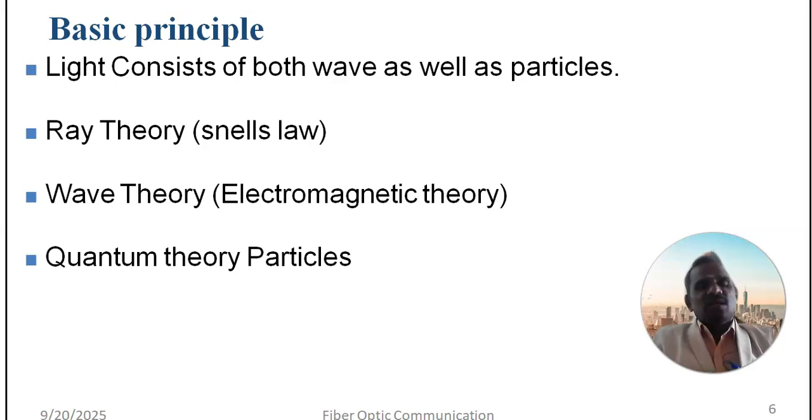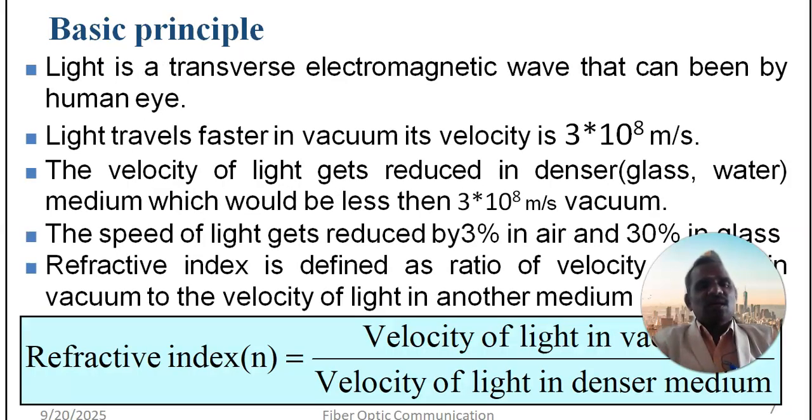Nowadays quantum theory talks about qubits, which can move in an upward direction or downward direction, a superimposed particle as well as a tangible particle. Here you need a strong knowledge of quantum physics to understand light as a particle. Now we'll see about our subject, the basic principle.